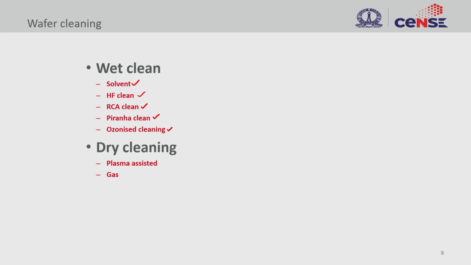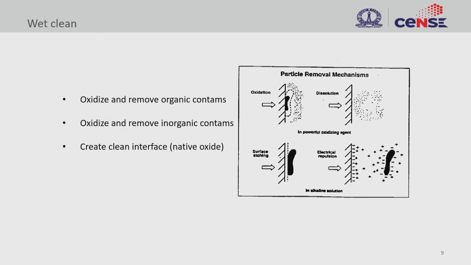This is just to recap on that. So the mechanism that we use is primarily to oxidize and remove the contaminants, or oxidize the underlying substrate and then remove the underlying substrate so that you can lift off, and then create a very thin layer of native oxide so that your substrate is protected from further attack from any kind of contaminant.